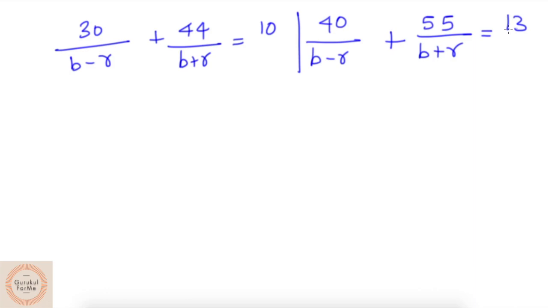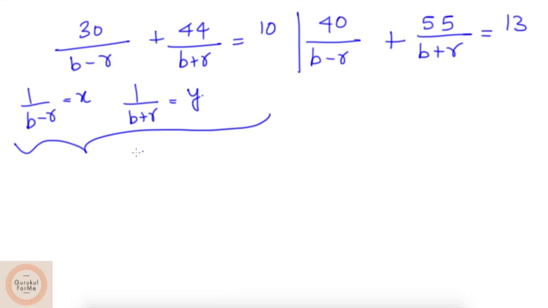So we just saw that we got these two equations. Why did they finally give us this example? They gave us this example only because they want us to understand how to reduce it. Now 1 divided by B minus R, can we call it x? And 1 divided by B plus R, can we call it y? Can we now say that this equation is 30x plus 40y is equal to 10?